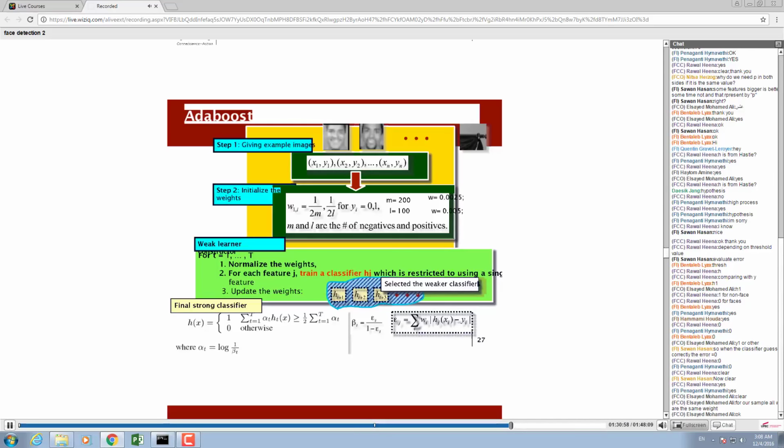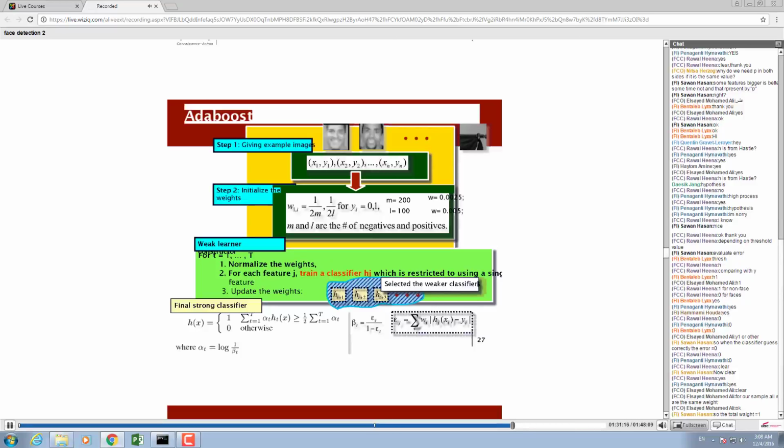In this way, we give the same weight to all the negative samples, 1 over 2m, where m is the number of all negative samples. For the positive samples, the face images, we give 1 over 2l. The 2 means we have two different parts, positive and negative, so that the sum can be 1.